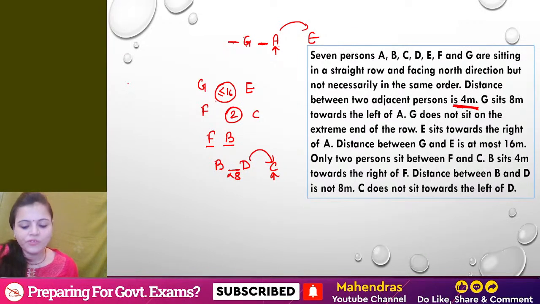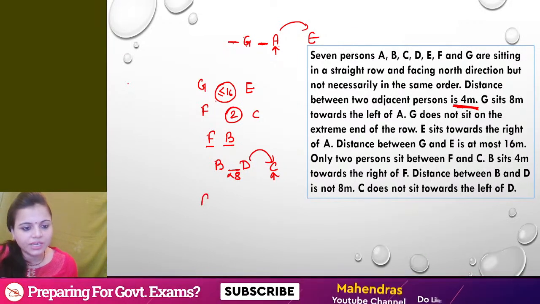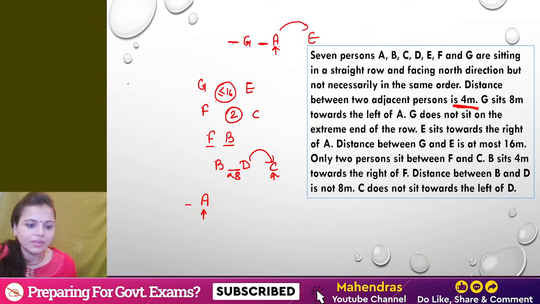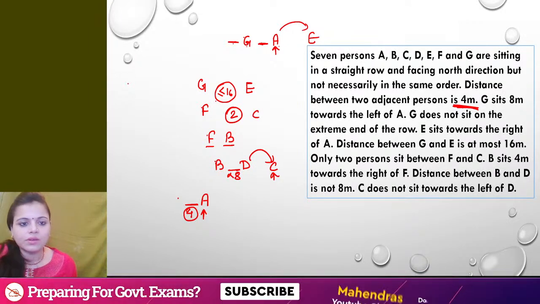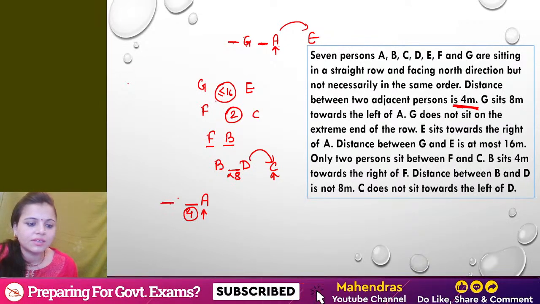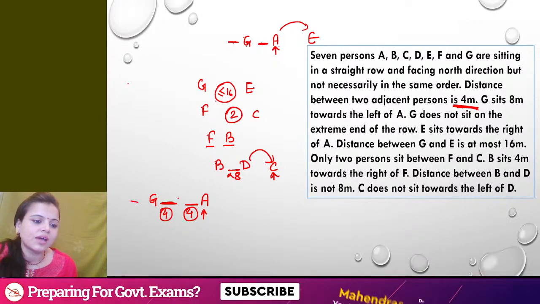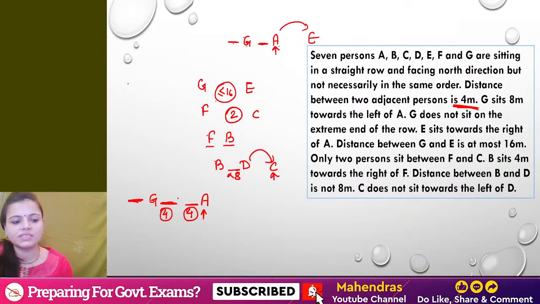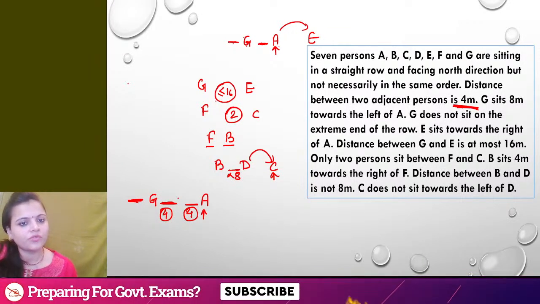Now you can start if you are starting with A. Then 4, one person is there, and G. So 8, right? After G, at least one person is there.